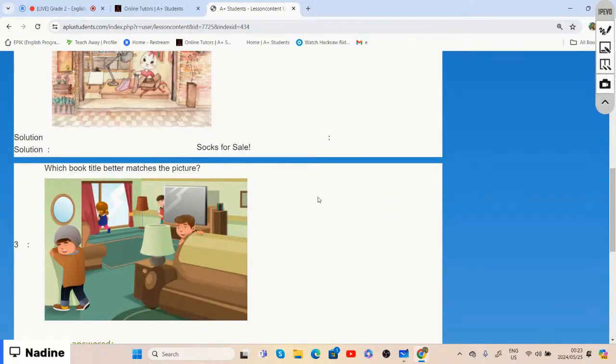All right, which book title better matches the picture? Which book title do you think better matches this picture of what's happening here in the house, specifically in the lounge? All right.